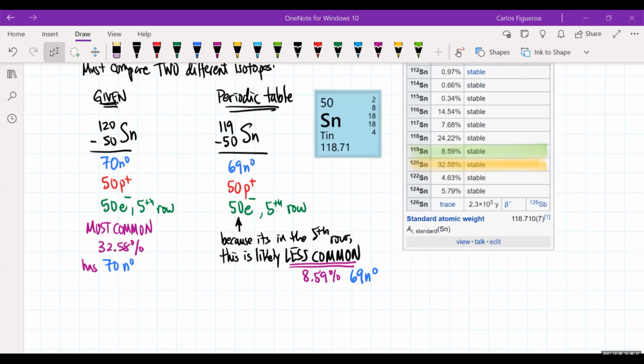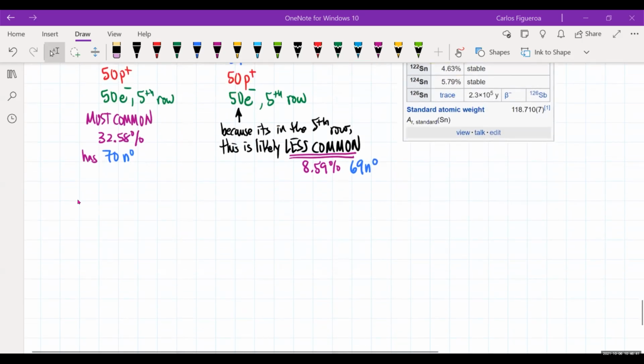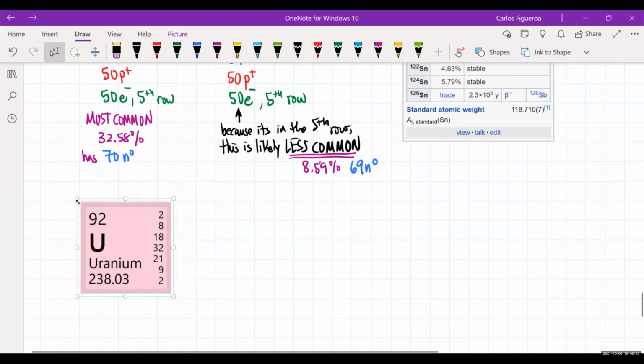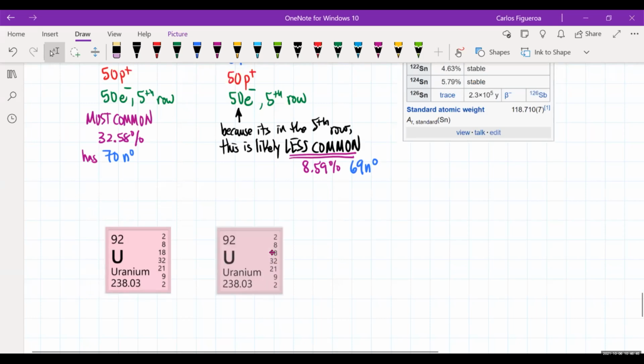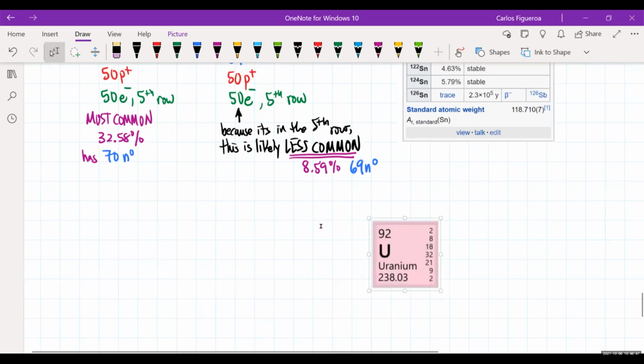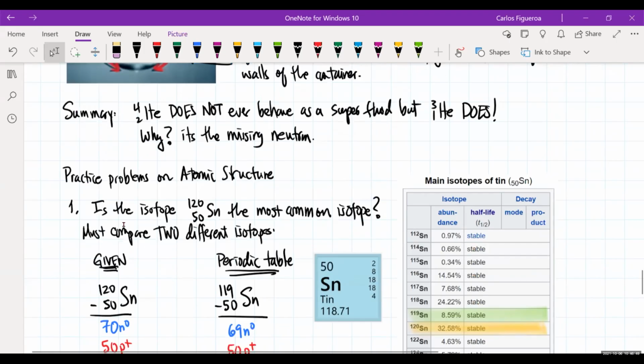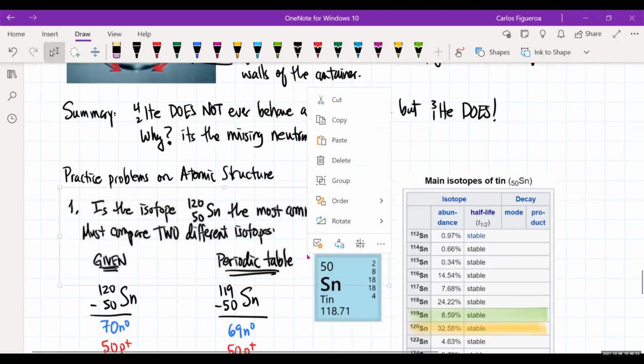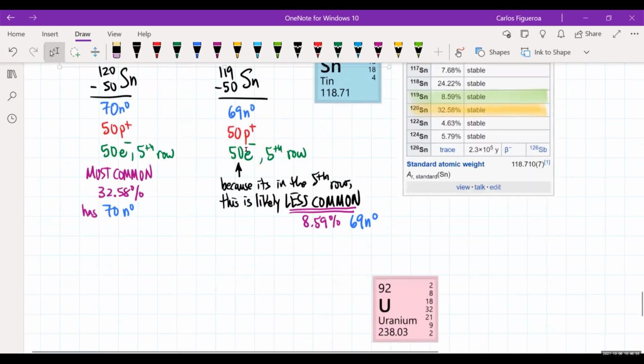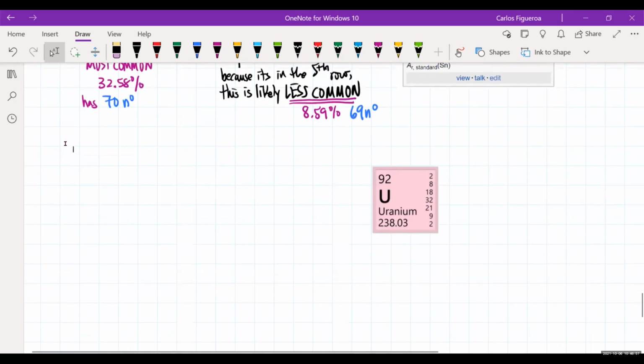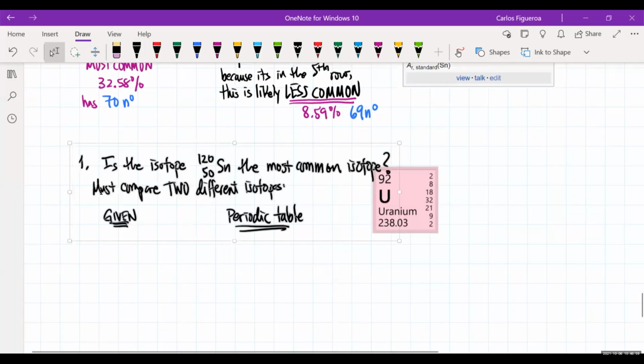So I want to do the exact same thing with the other element, uranium. Let's go look at uranium here. I'm going to ask the exact same question as I did over here, but then I'm going to change it a little bit.